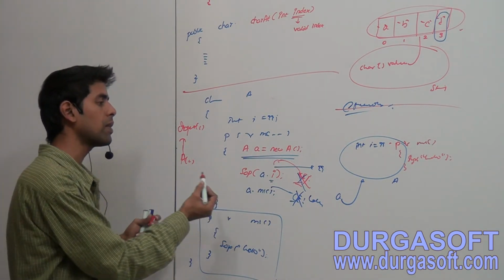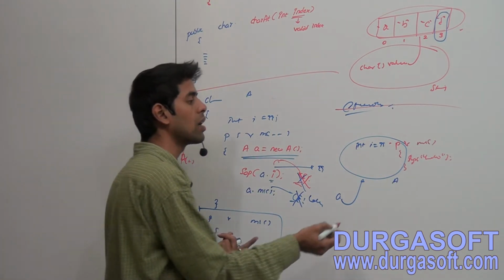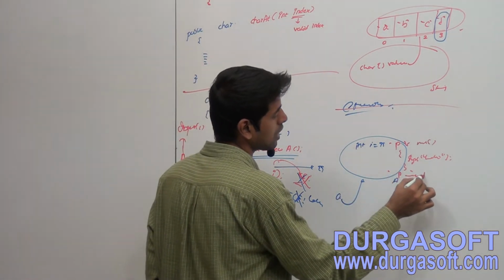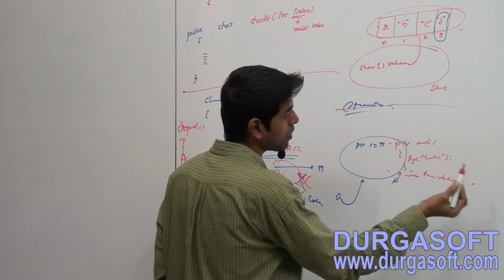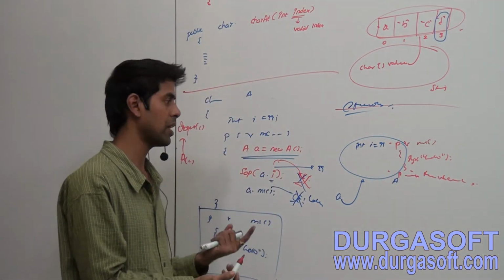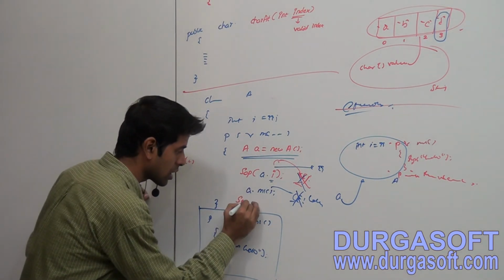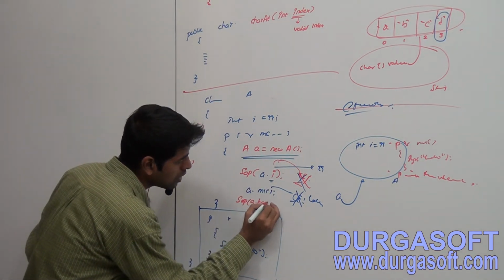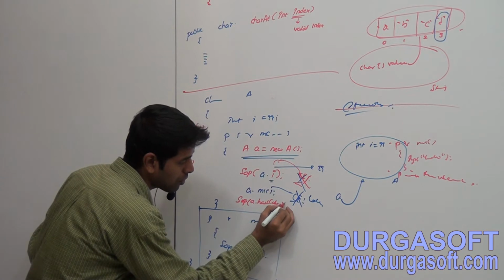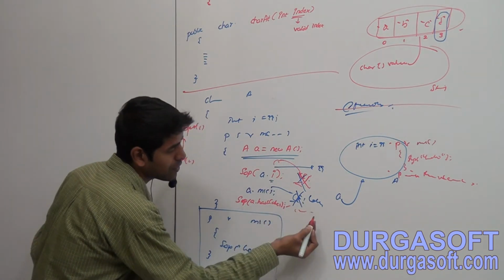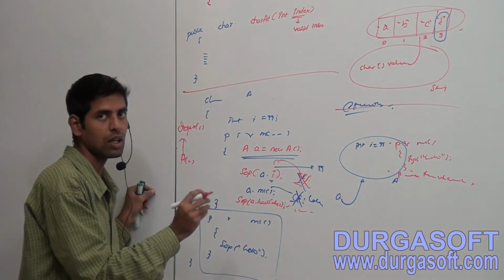So it will even have the hashCode method, all 11 methods: public int hashCode, toString, every method. Observe here, every method it will have. If you want to test, you can test SOP of a dot hashCode. It will be a valid one. It will give some random integer number.